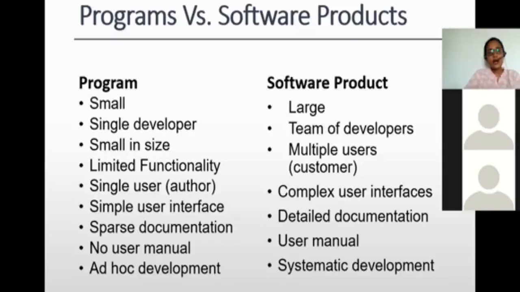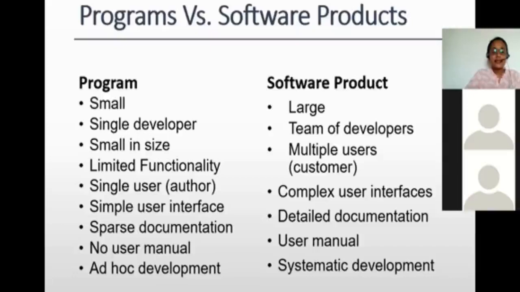And then when it comes to documentation, in the lecture slide you can see the program has sparse documentation, and the software has detailed documentation. Why? In the program, most probably there's one single user. There's one person who developed it, and the same person is going to use it. So there's no need for that much detailed documentation with a small program.